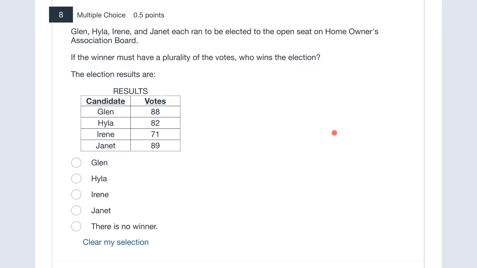Glenn, Hyla, Irene, and Janet are running for the HOA board. The winner is a plurality. Very important, not a majority, a plurality. Plurality just means who got the most votes.